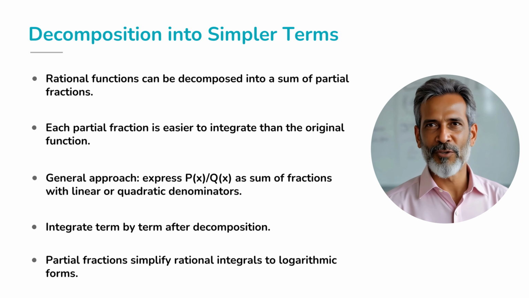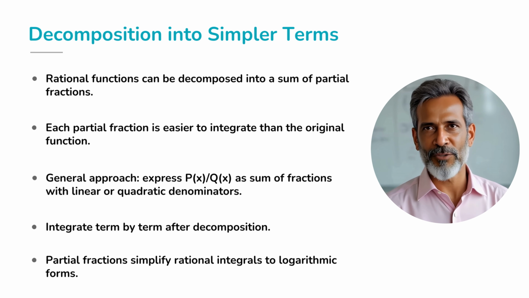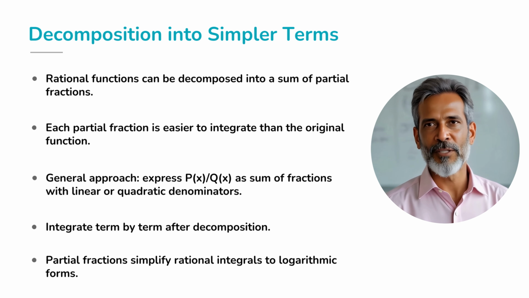Next up is partial fractions. This works for rational functions. That means a fraction where numerator and denominator are polynomials. The idea is to break down a complicated fraction into a sum of simpler fractions, each of which is easy to integrate. For example, take 1 over x squared minus 1 dx.